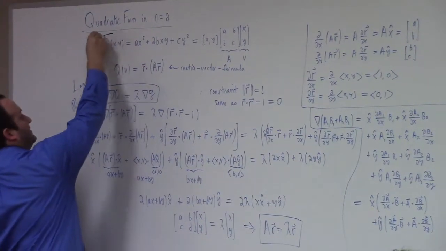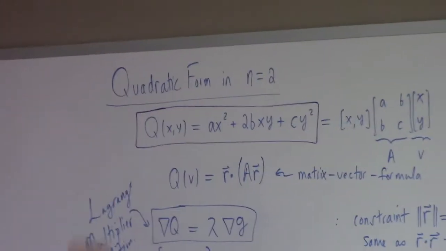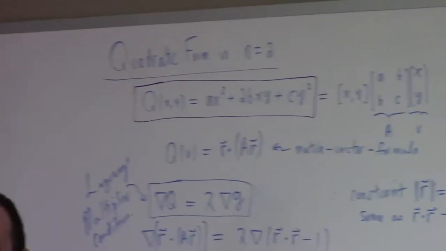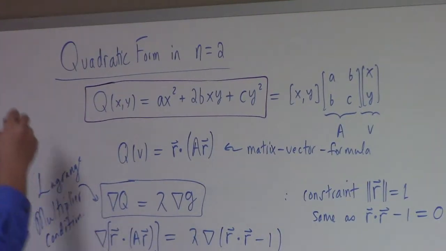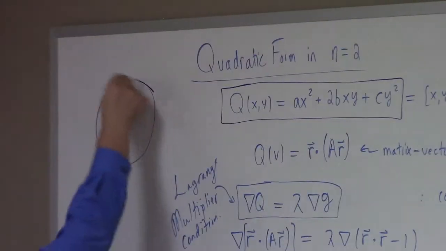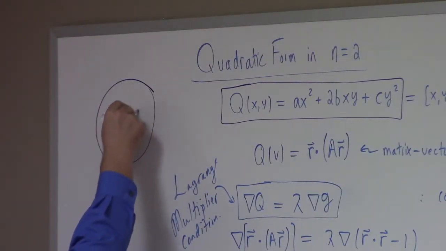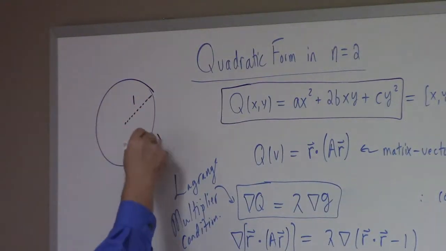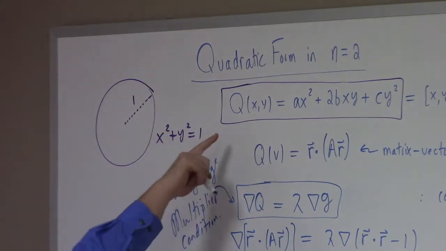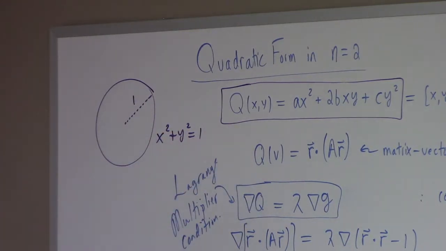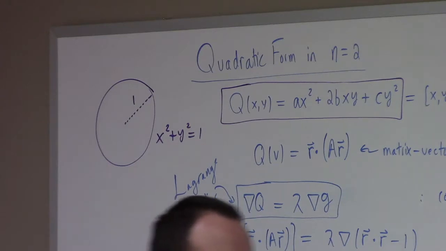This is my objective, is to take this arbitrary quadratic form and to find its extremal values on the unit circle, x squared plus y squared equals 1. I want to maximize or minimize the quadratic form on the unit circle. And I want to do it for an arbitrary quadratic form. Why do I want to do that?